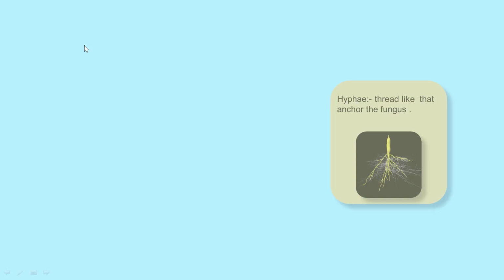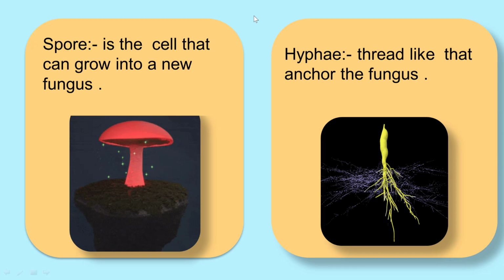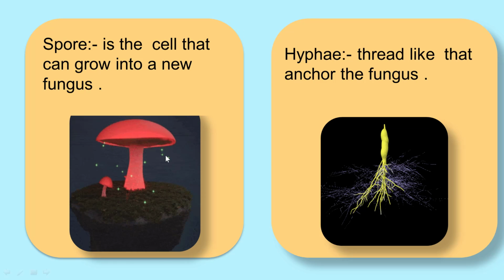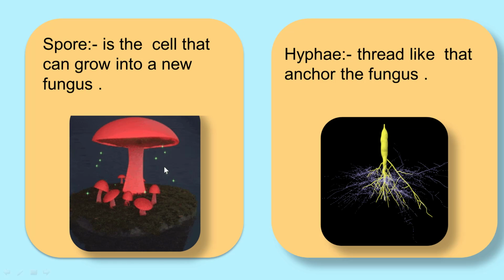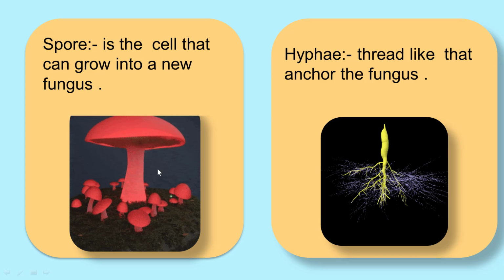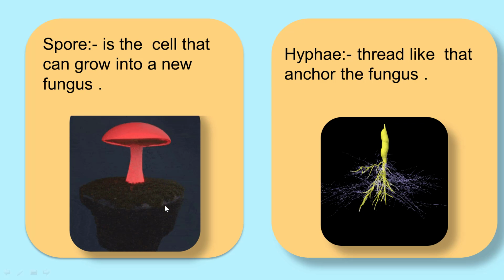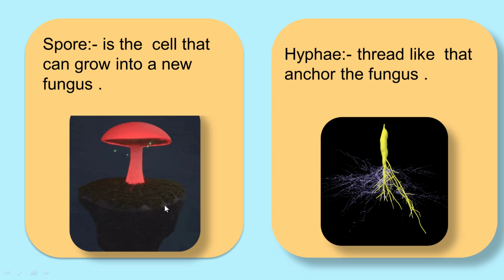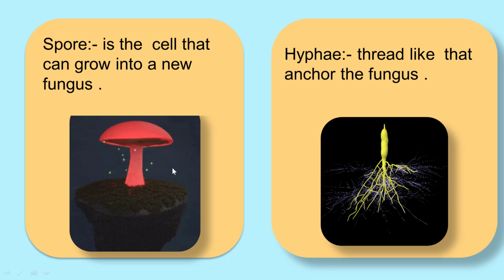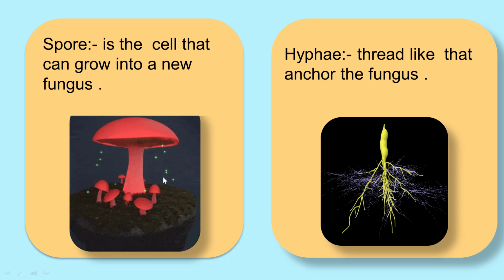Spores. Now, we're going to learn about spores. Look at these tiny little green spots. This is spore. When they fall down, they become a new fungus. Look at them. Here, those are spores.